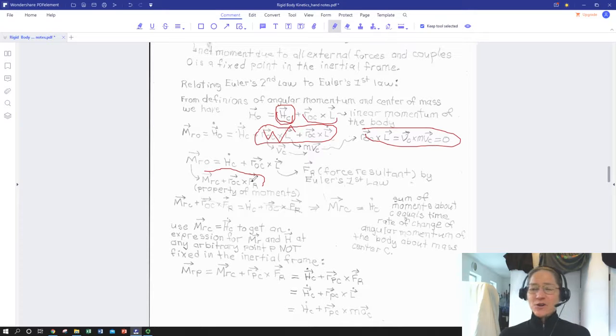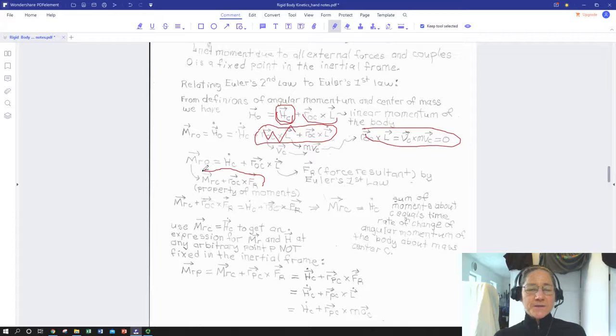We're not saying anything at this point about couples. If you had an applied couple acting on a rigid body, it wouldn't matter what point you were considering, that would not change. But if you had force resultants that were causing a moment, if we want to look at the moment around some point O versus the center of mass of the body, we have to include this second term to offset the distance of where the forces are acting.